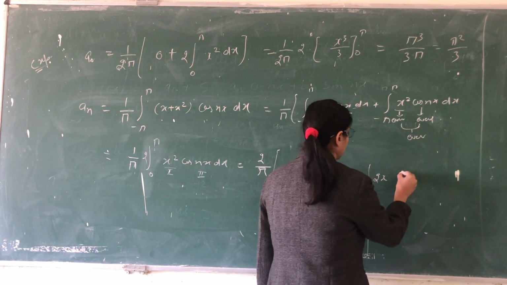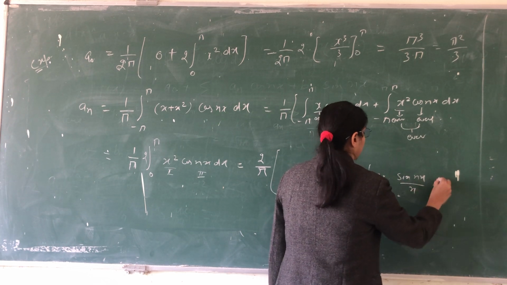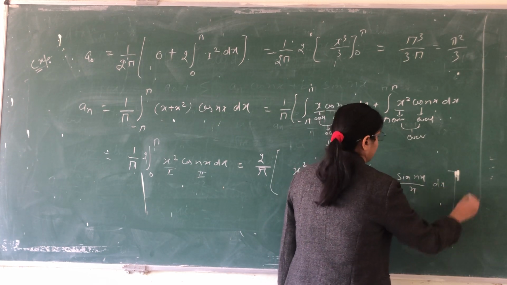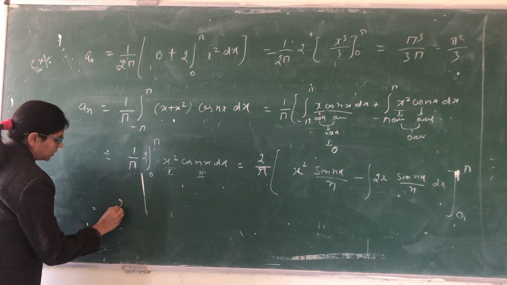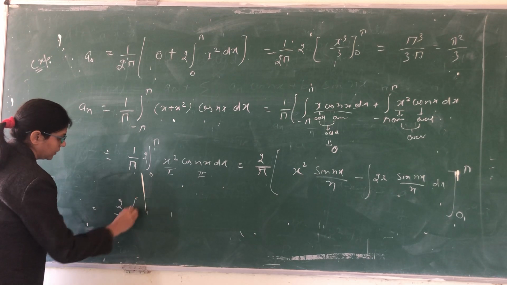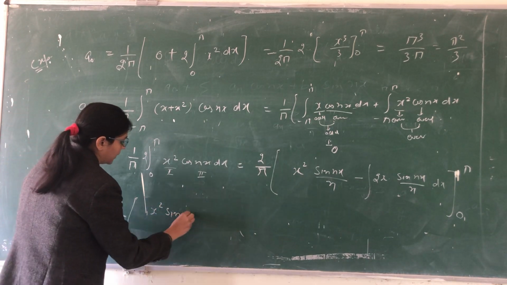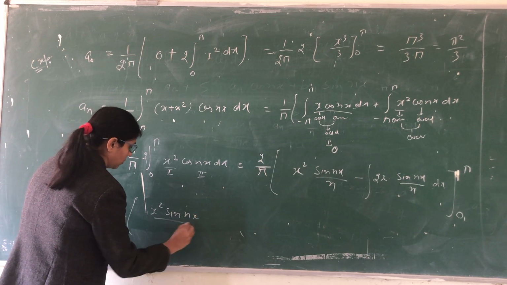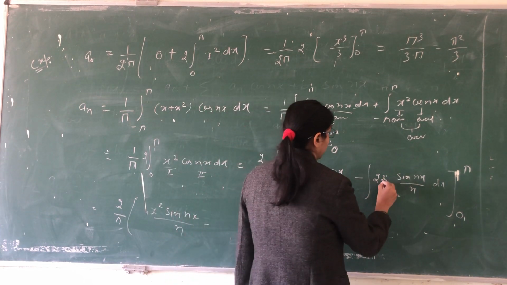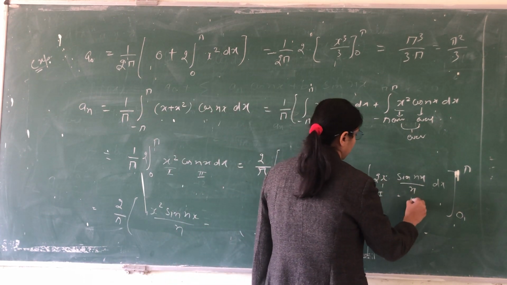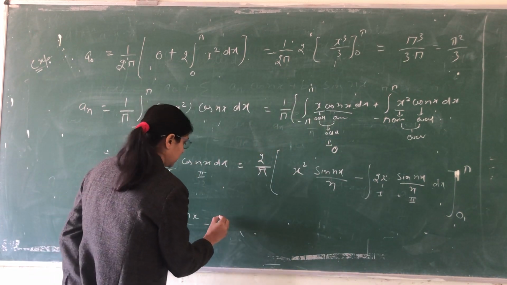Cos का हमने किया तो this is sin nx over n, dx, limit is 0 to pi. Can be written as twice time over pi integration x square sin nx over n minus, now again taking x as first function and taking sin nx as second function.